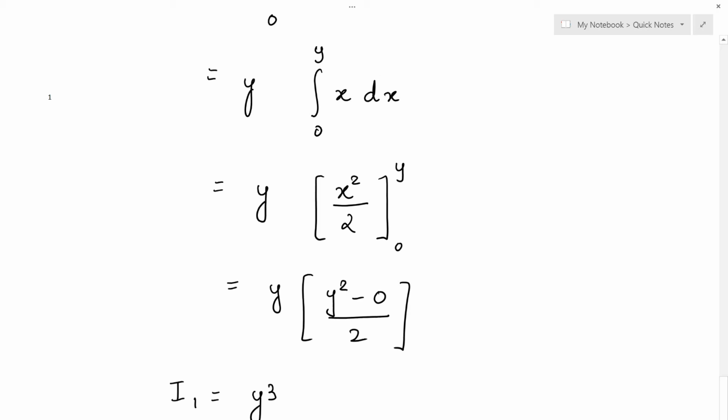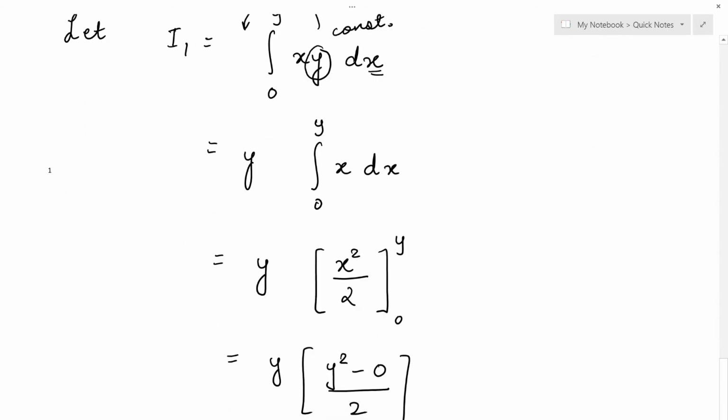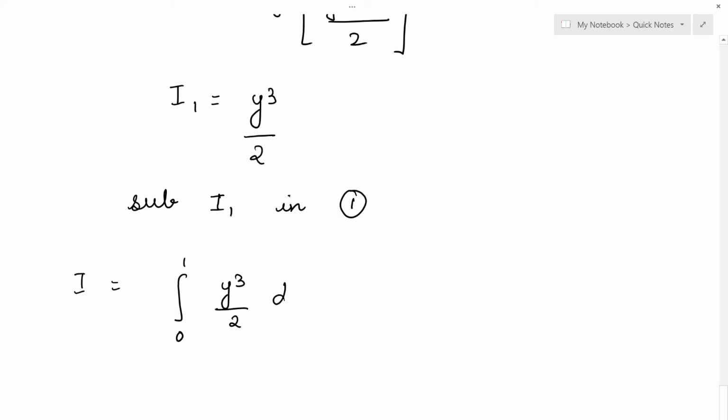Now this I1 I will substitute back in this equation. I have solved the first integration, and now I will substitute it back and solve the next single integration. So substituting I1 in equation number 1, I will get the integral from 0 to 1 of y cube by 2 dy.